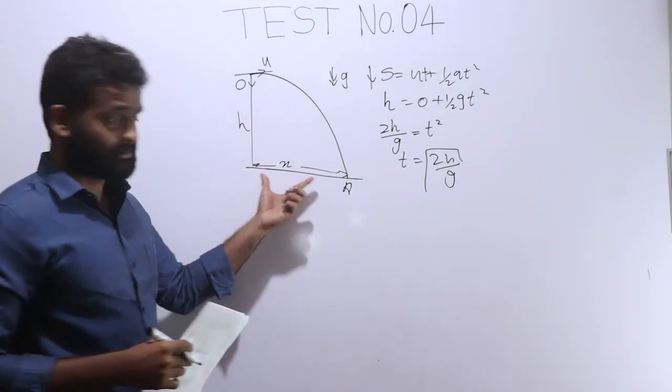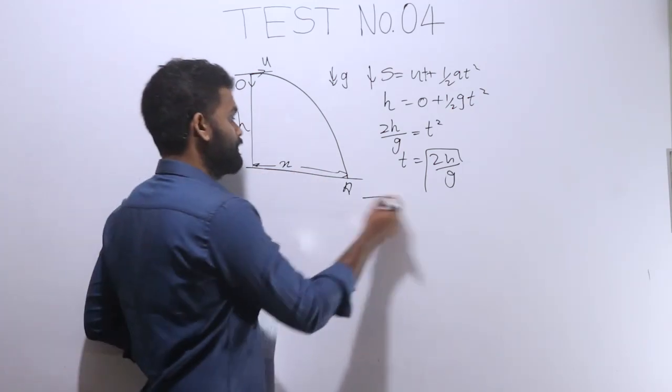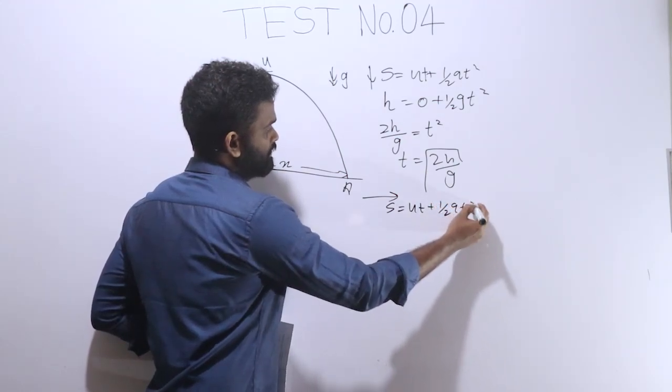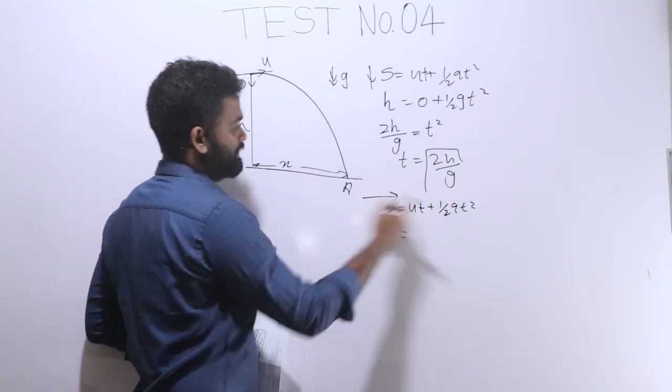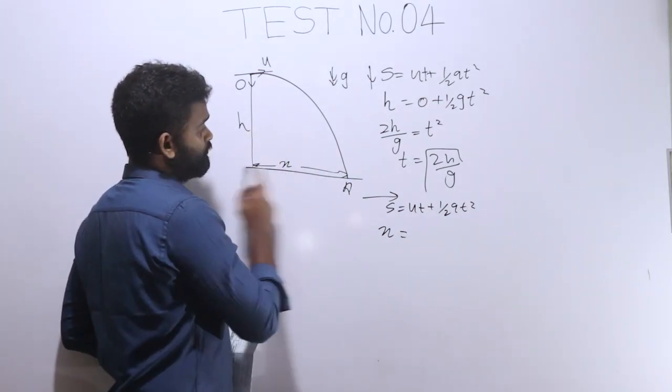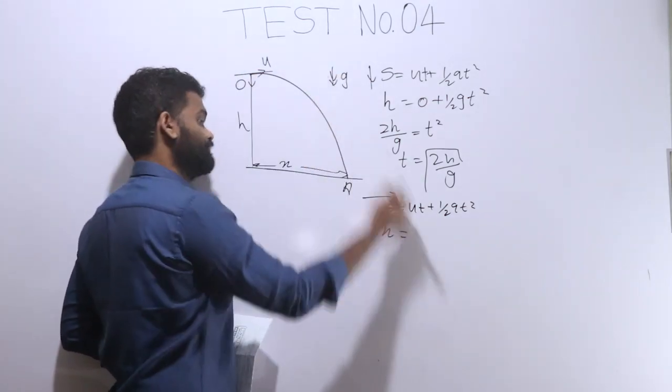So what they ask is simply x. We just apply s equals ut plus half a t squared horizontally. This direction is x. The velocity in this direction is u.